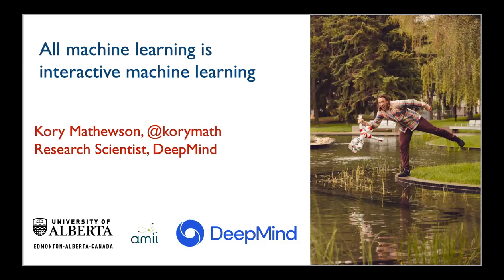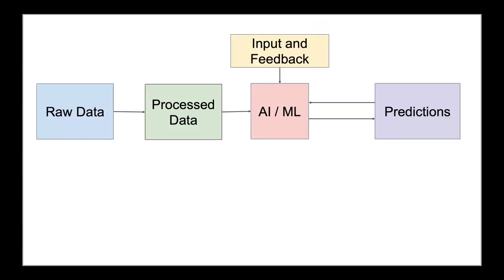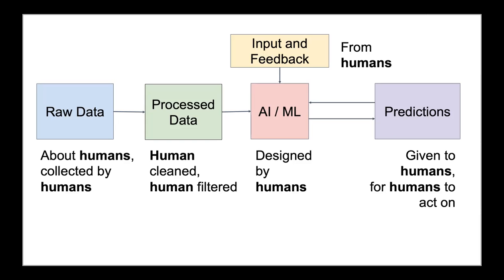But his main argument is that all machine learning is interactive. So you think about the machine learning pipeline. I've got some data and I go to process data, and then I've got my model that I'm learning, and there's probably some feedback or input, and then I make predictions. And Corey's argument is, look, the raw data was collected by humans.